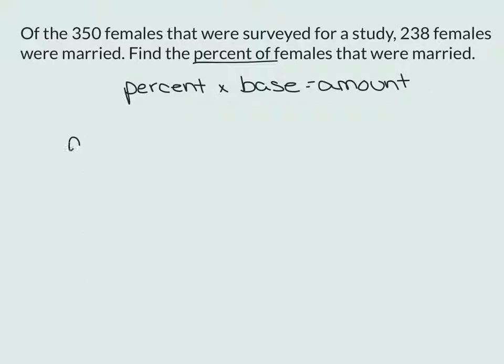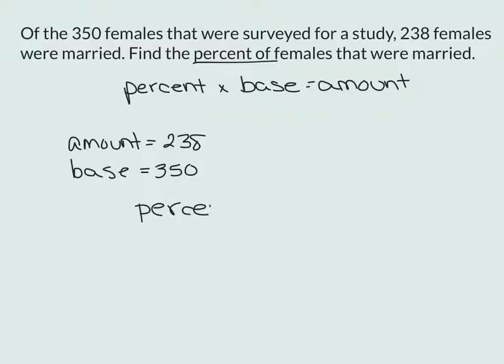So the amount, which is our part to our whole, is 238, and our base is 350. We'll substitute those values into the formula. So I have percent times 350 equals 238.